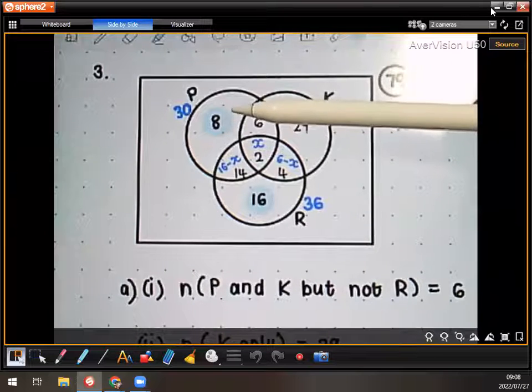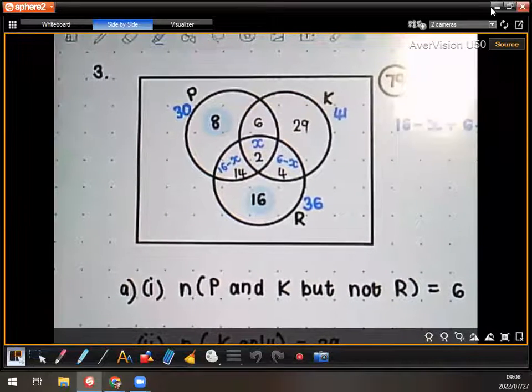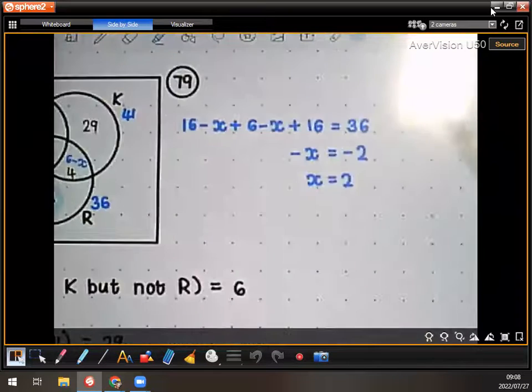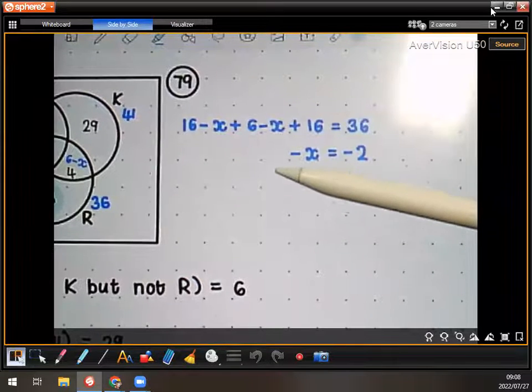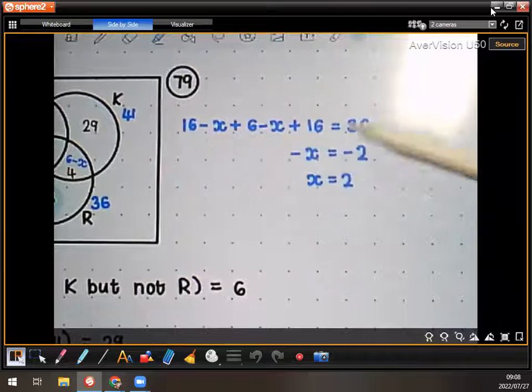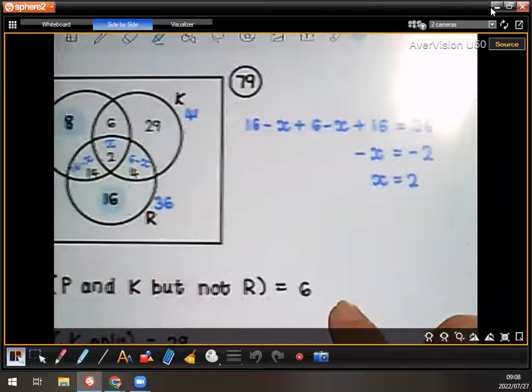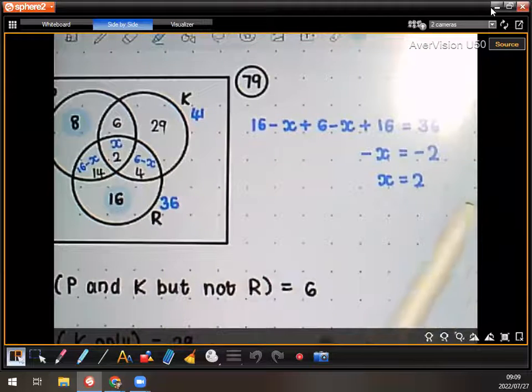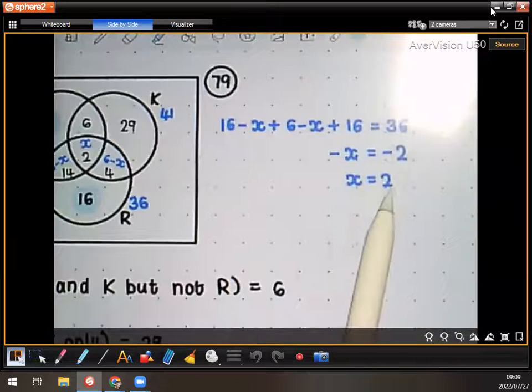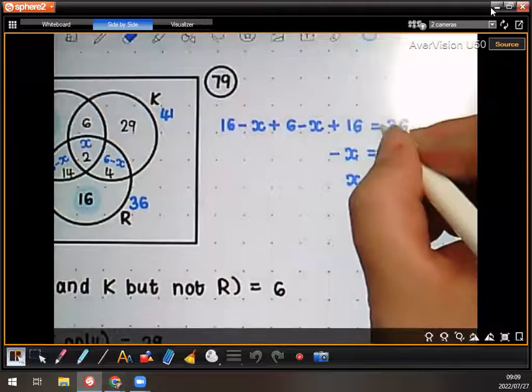I think I did it on the side here. So these are the four parts: 16 minus X plus 6 minus X plus 16. I left out my plus X, but I worked with it even though I didn't write it.